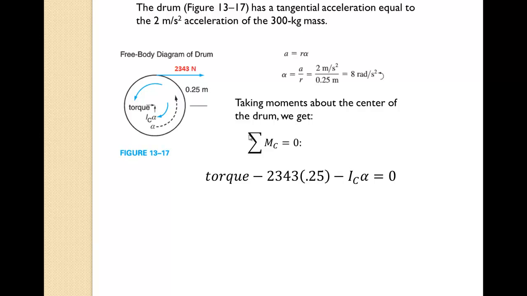So everything counterclockwise is considered positive. Okay, so we got minus 2343 times 0.25 minus this I_C alpha, because remember the I_C alpha is going clockwise and so is the 2343 going clockwise. So those have to be negative.